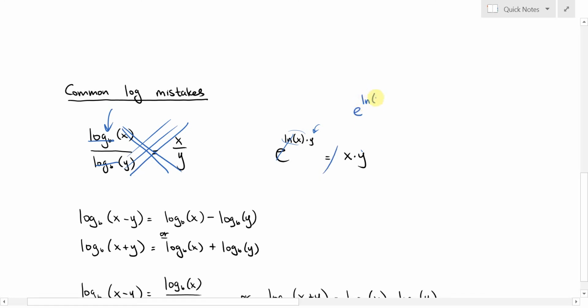e to the ln of x times y. Now there's a property of logarithms, and I'm using ln, but it doesn't matter what base I'm using, where if you have a constant out front, like the y, you can bring it in as an exponent of the thing inside the logarithm: log of x to the y.